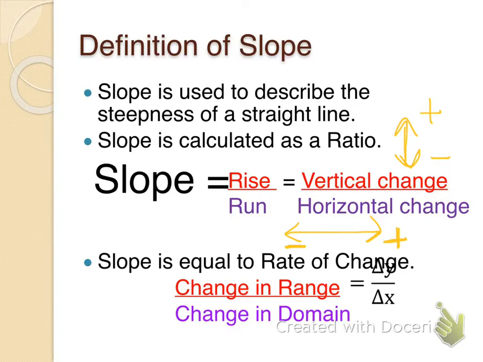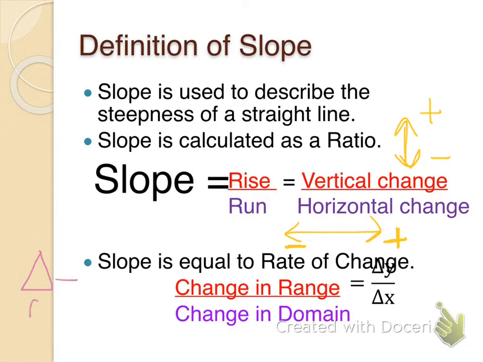Slope is equal to rate of change. So we've been finding the rate of change the past few days. And slope is basically the exact same thing. It's just another way of thinking about it. So slope is also equal to the change in range over the change in domain. And if you see right here, it's kind of difficult to see, but we can actually let change in be represented by a triangle.